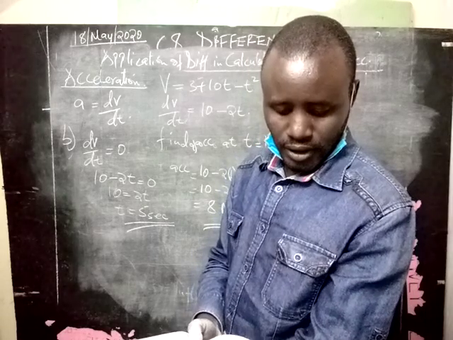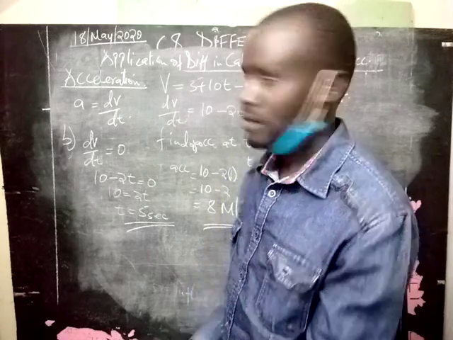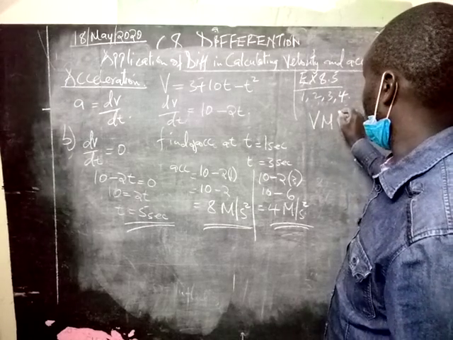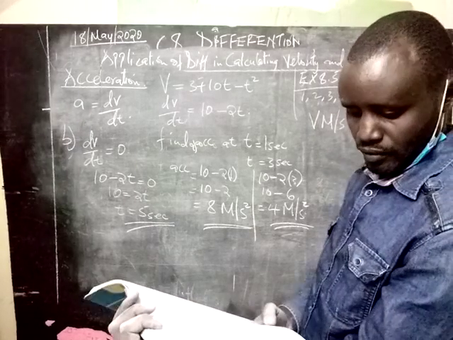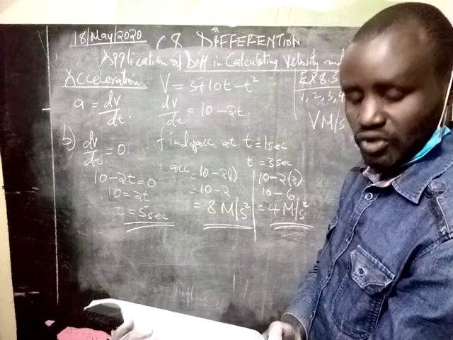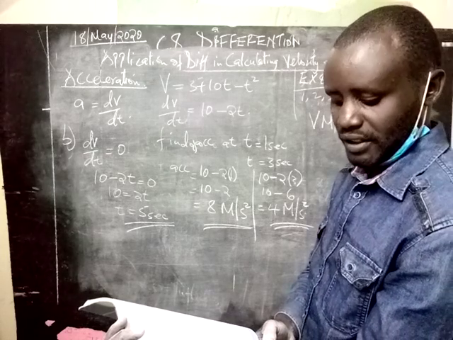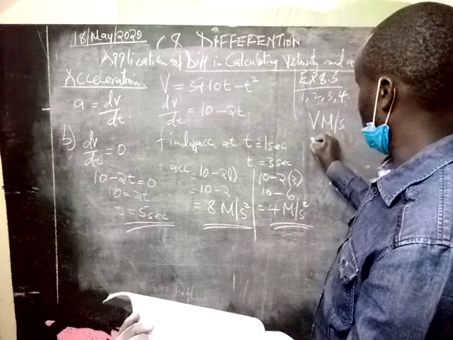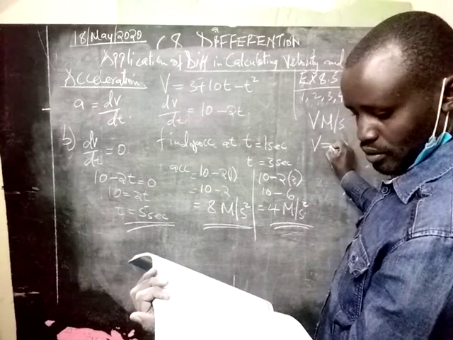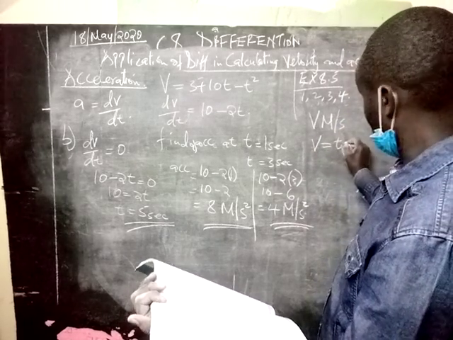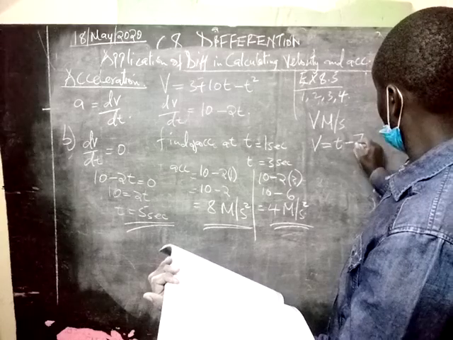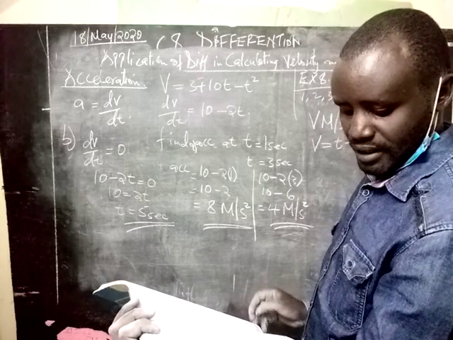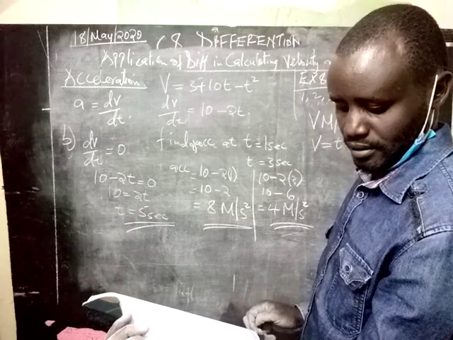It reads, the velocity v meters per second of a particle moving in a straight line after t seconds is given by v equals t minus 7t squared, where t is the time in seconds.